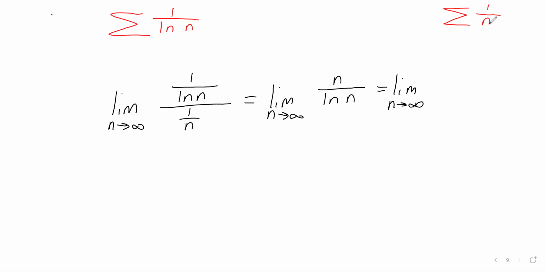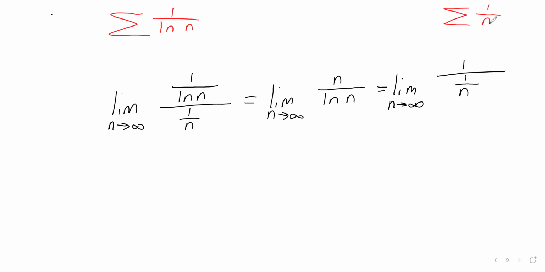You have a number here that's getting big and a number here that's growing really slowly. If the numerator is getting bigger than the denominator, the whole thing is going to infinity. That's the logic we might have, but if we don't have that logic, fortunately, L'Hopital's rule works just fine.